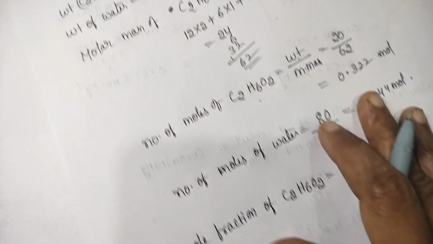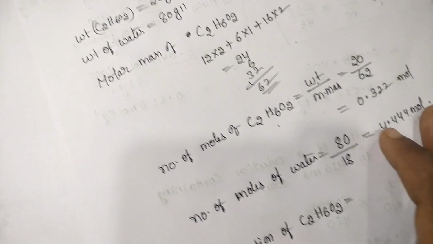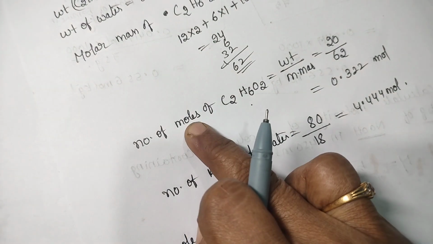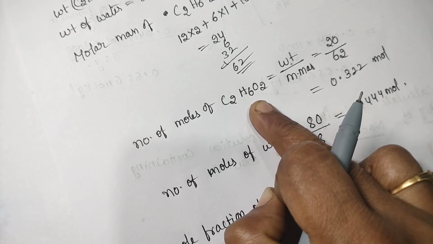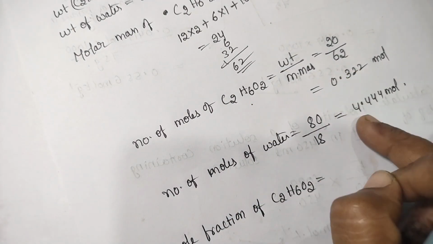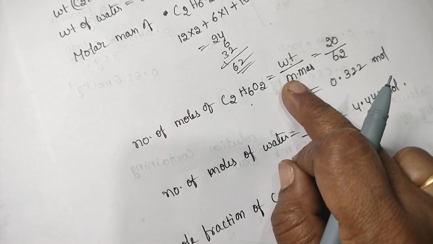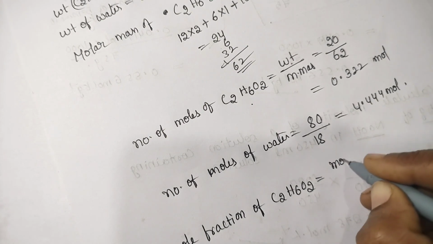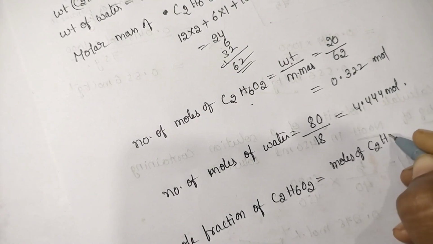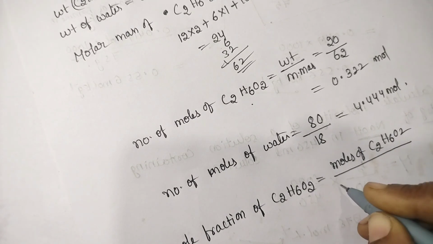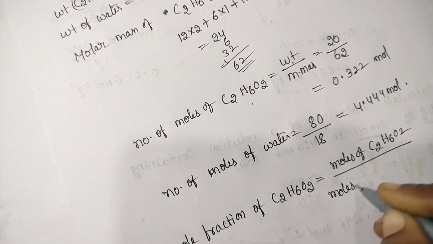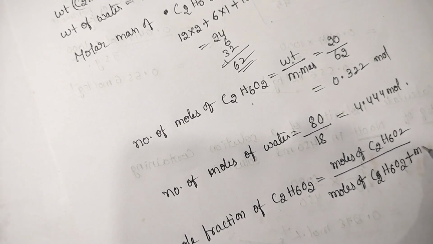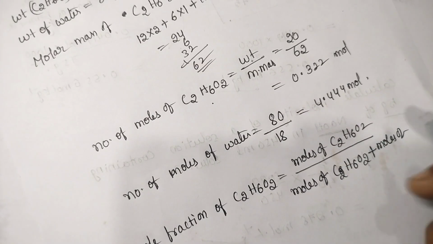Now I want mole fraction of C2H6O2. Mole fraction of this one means number of moles of ethylene glycol divided by total number of moles. Total number of moles means ethylene glycol plus water. So that is equal to moles of C2H6O2 divided by number of moles of C2H6O2 plus number of moles of water.